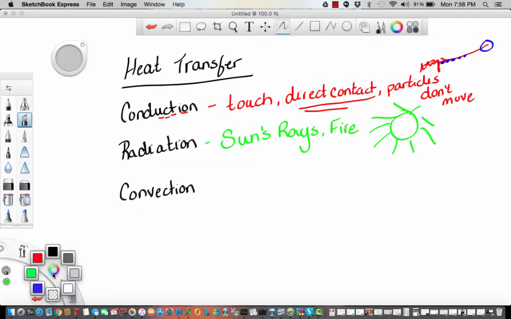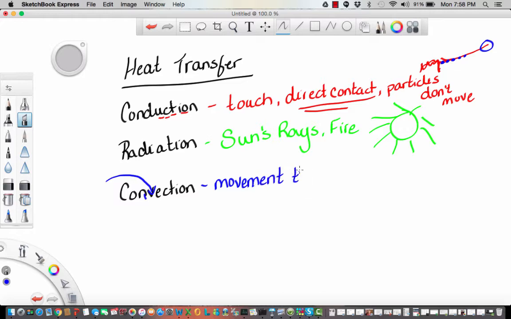And then convection. The way I remember convection is this arrow right here, where cold air sinks and warm air rises, and this is the movement through a fluid like liquid or gas, like an ocean or air.